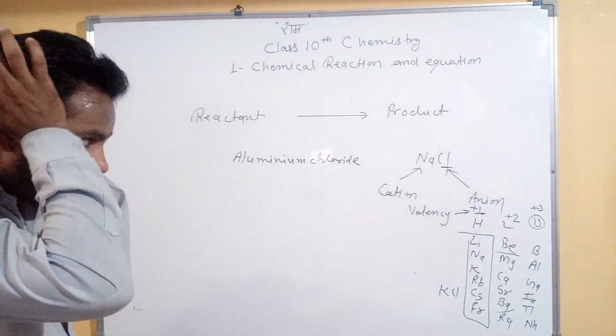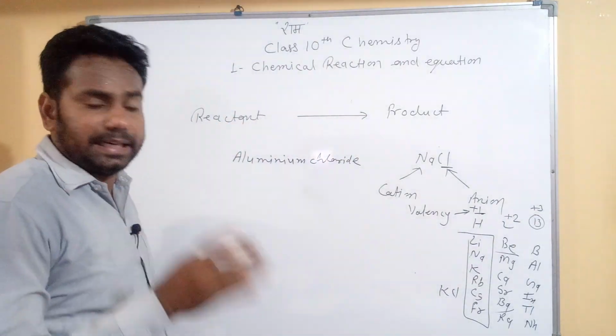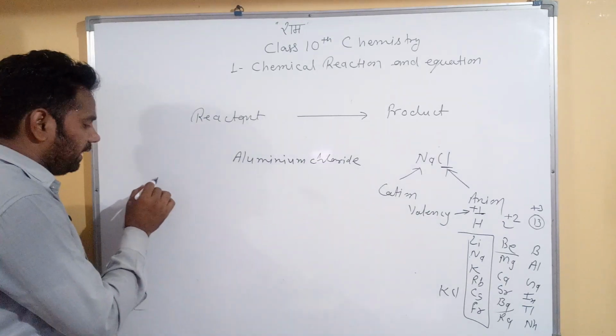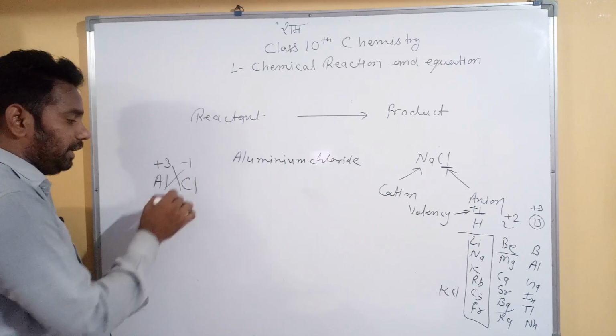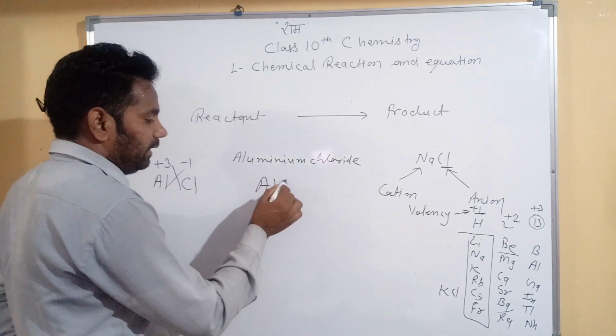So aluminium's valence is +3, and chloride is -1. Cross multiply, then the formula is AlCl3.